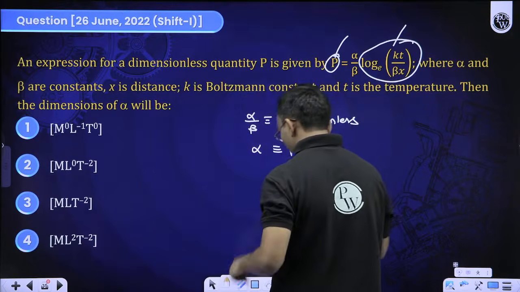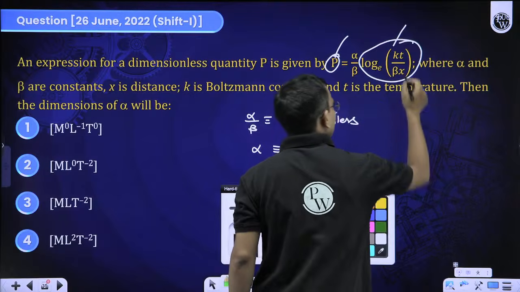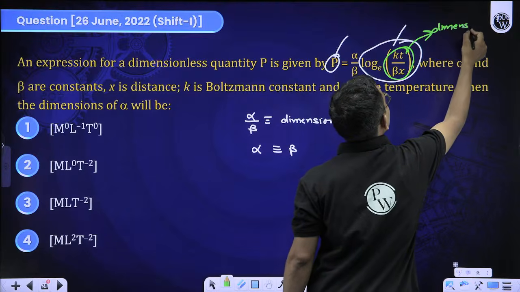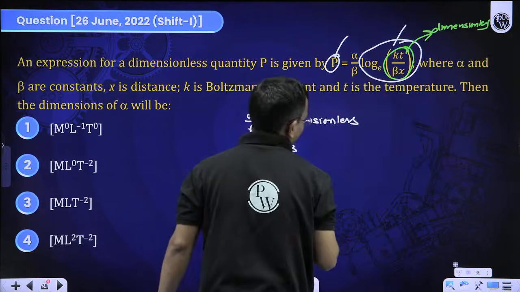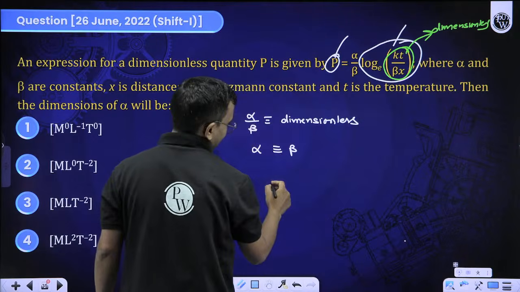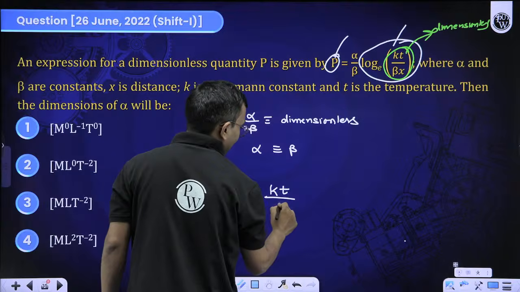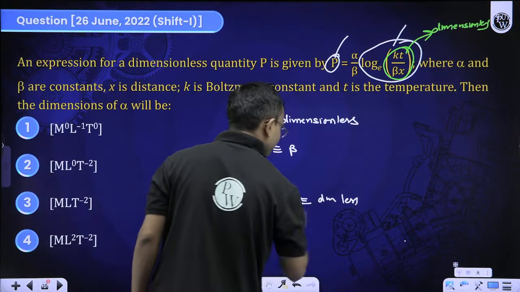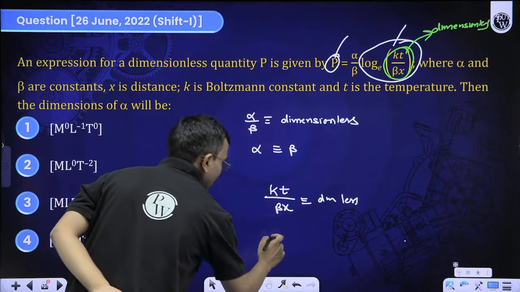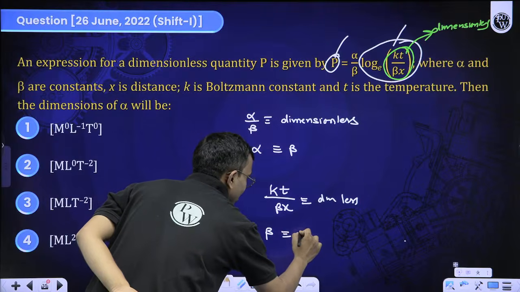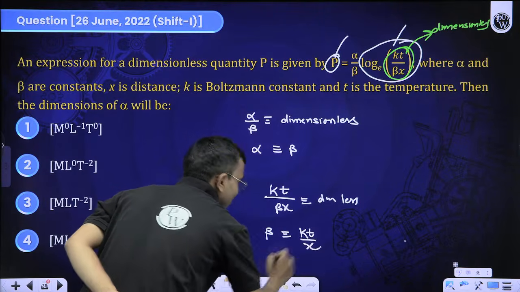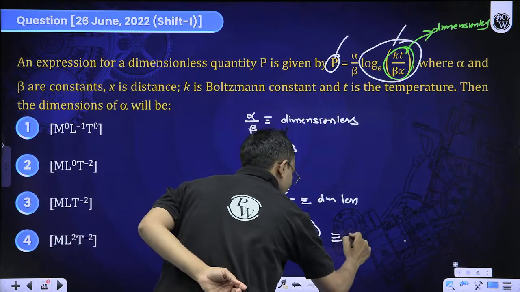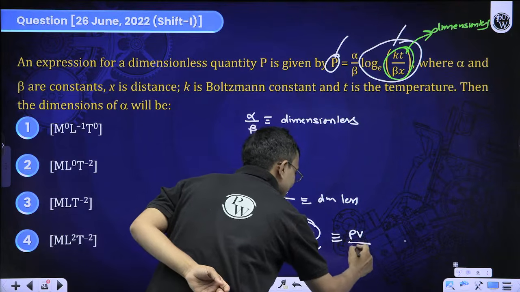I know that the input of log function is also dimensionless. If that is also dimensionless, I can write kT by beta into x is also dimensionless. Then what I need is beta. So beta dimensions will be kT divided by x. Now kT, previously also I told, kT is same as P into V, pressure into volume, divided by x.